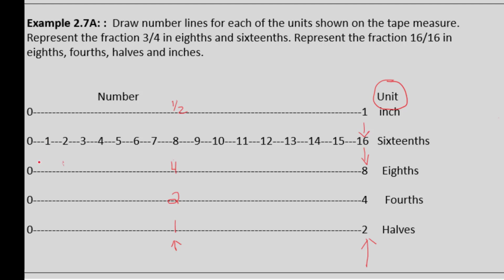From our previous work, we knew that 2/16 is the same as 1/8. So there's 1/8. 4/16 would be 2/8. 3/8, 4/8, 5/8, 6/8, 7/8, 8/8. And it looks like there is 4/8 and 2/4.